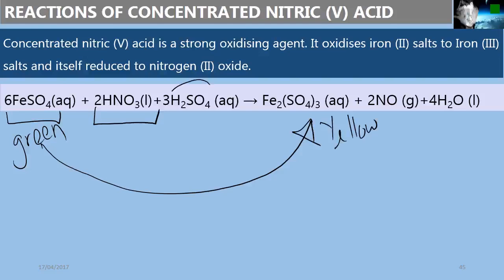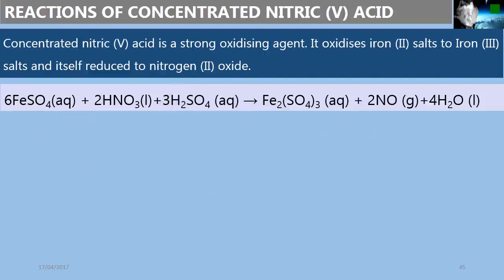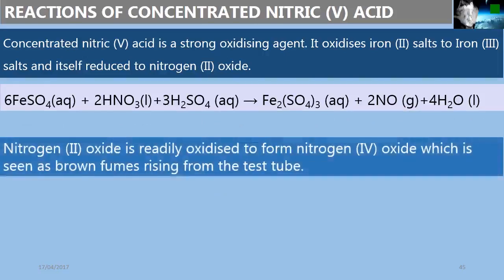Now the dilute sulfuric acid here is the one that is used to acidify the iron 2 sulfate. The other products include nitrogen 2 oxide gas and water. Nitrogen 2 oxide is readily oxidized to form nitrogen 4 oxide, which is seen as brown fumes rising from the test tube.